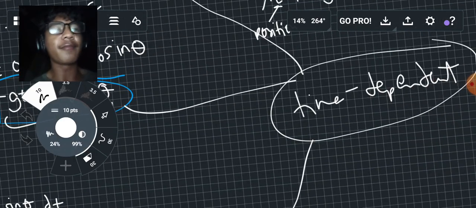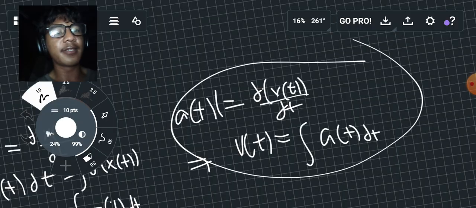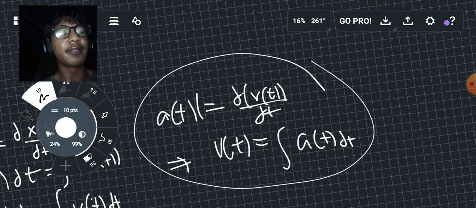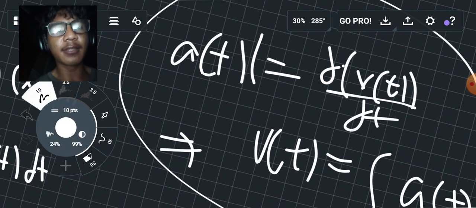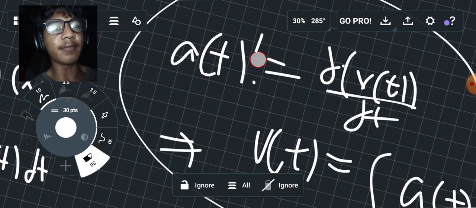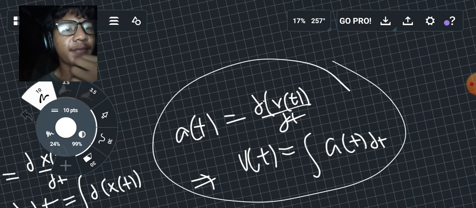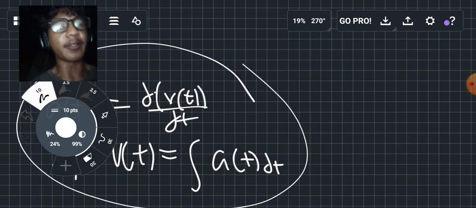Okay, so the way we do that is we go back to this specific detail right here. The acceleration vector. Okay, so the acceleration vector is the derivative of the velocity vector.